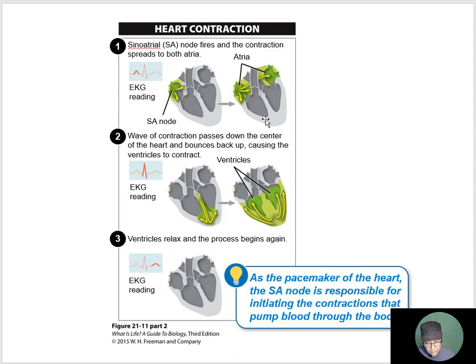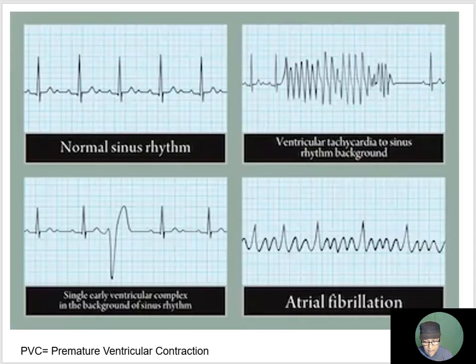Atria contracting, ventricle contracting, atria contracting, ventricle contracting. And so you have to have that filling, and you have to have the pumping out to the lungs and the pumping out to the rest of the body. And so when you don't have that happening in the proper sequence, this is a problem, and it can be life-threatening.